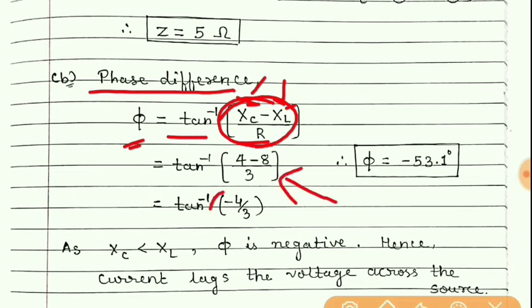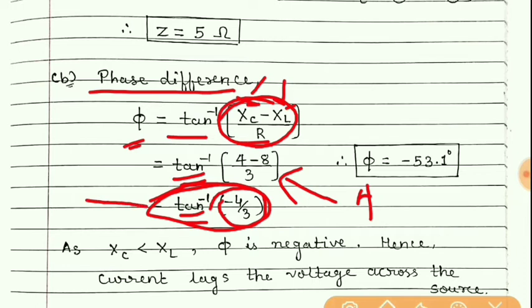You will get tan inverse of minus 4 by 3. Then using the table of natural tangent, you will get the value of φ. Students, you must know how to use the table of natural tangent.